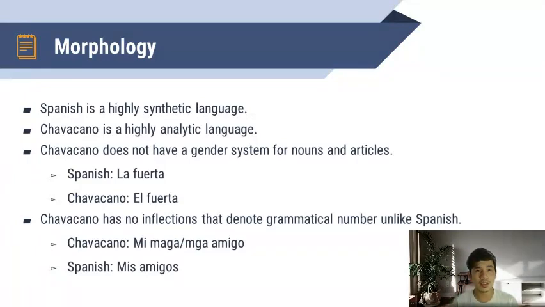And you would also notice that when the noun is plural in form in Spanish, with S, the article or the possessive pronoun here is also inflected, meaning it is also plural in form. Unlike in Chabacano, the possessive pronoun is not. So we say mi mga amigo, but in Spanish it is said as mis amigos. So that's the difference in morphology.